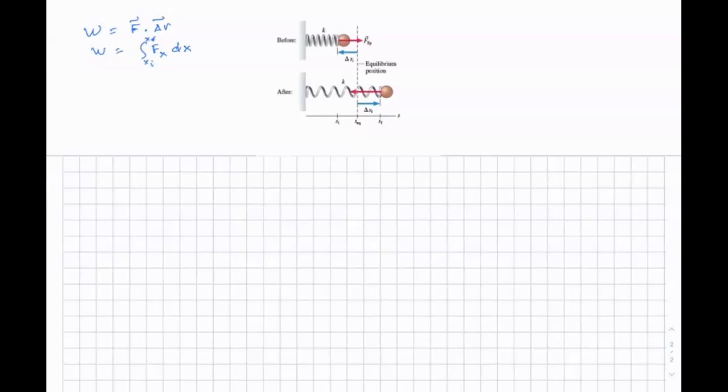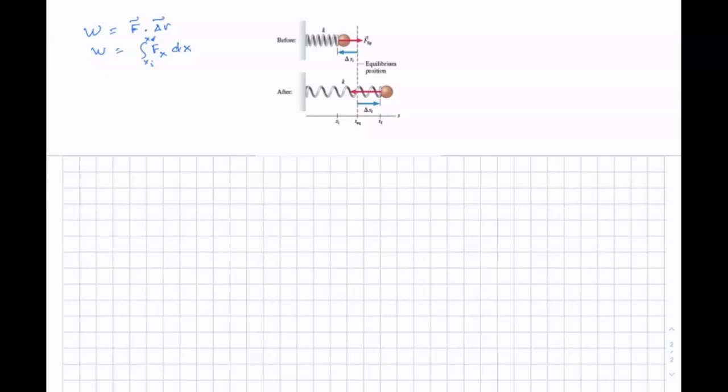I'd like to consider now where this formulation of work is absolutely required: the case of work done by a spring. In this figure, we show an object that's attached to a spring, and the spring has been compressed a delta S initial from the equilibrium position.